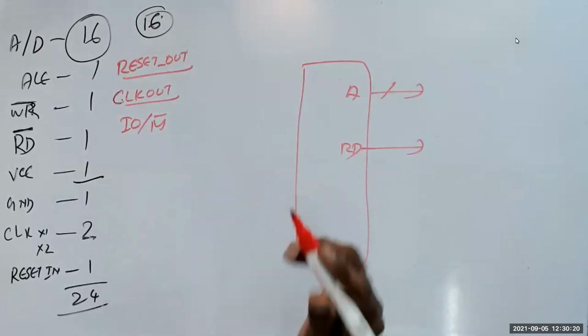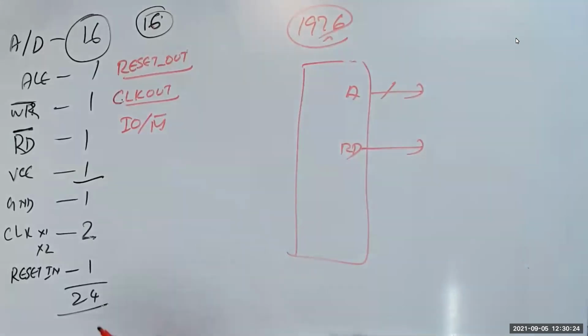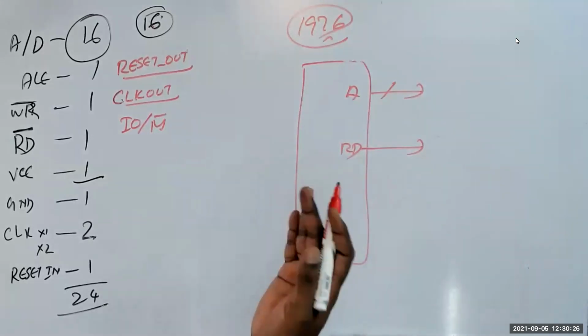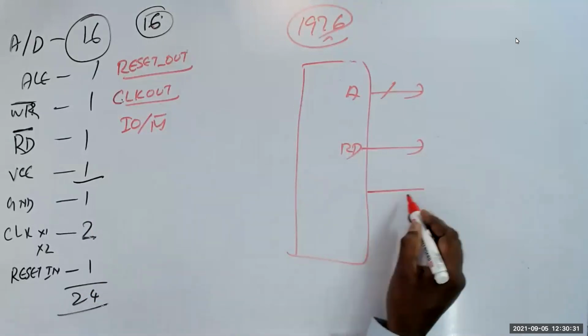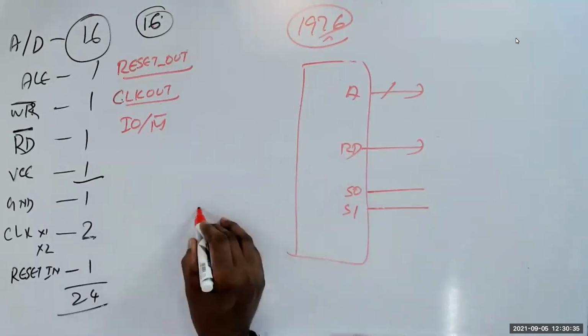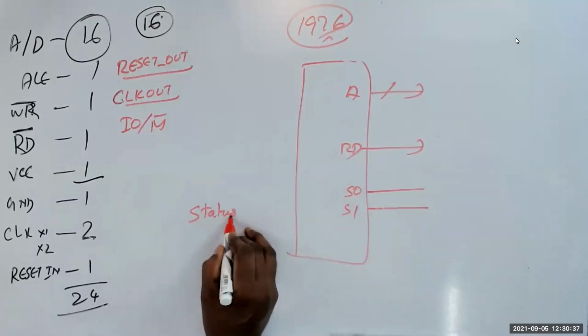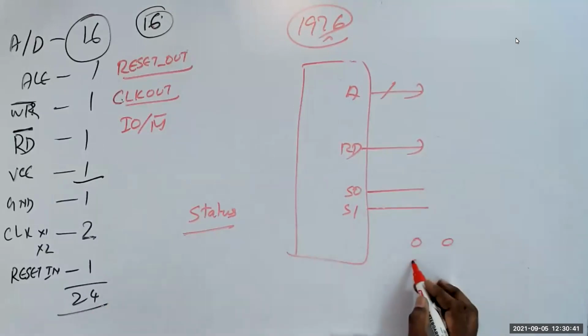Nowadays, not. In 1976, Intel thought, how do I know whether it is going to fetch, or read, or write? For that, they gave two pins called S0 and S1. These are called status pins. You get four combinations.